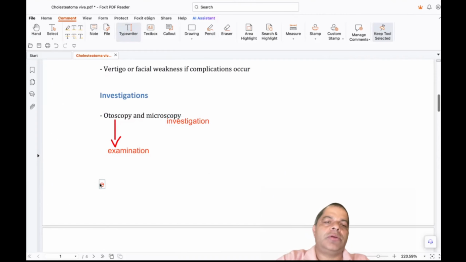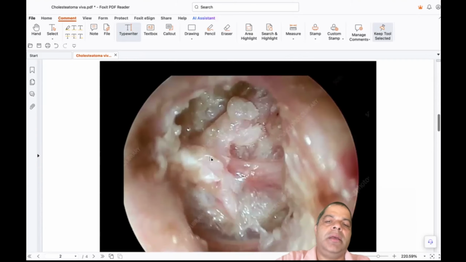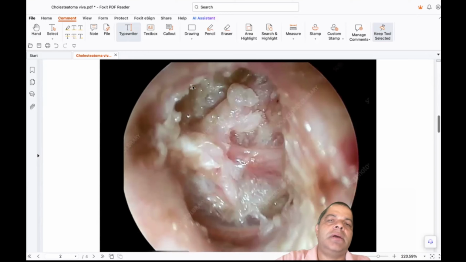Otoendoscopy is an investigation. Make the concept clear. The examiner can ask what it is: if you do microscopy, examination under microscope, then this is an investigation. What is EUM? Examination under microscope.